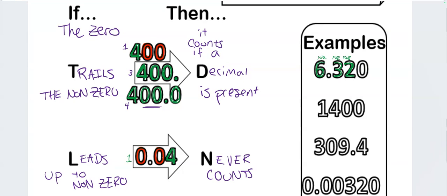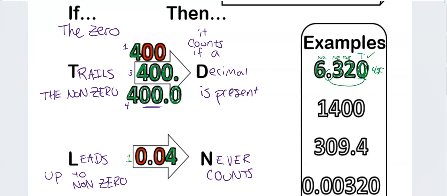In this case, this is a trailing 0. Specifically one that has a decimal in the number, which means it will count, making this a total of 4 sig figs.